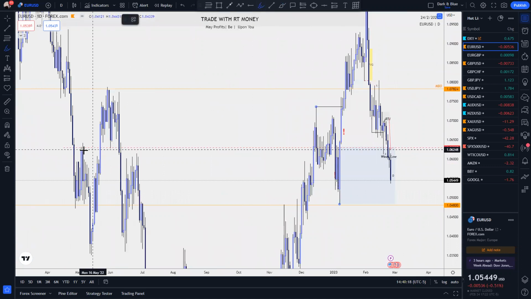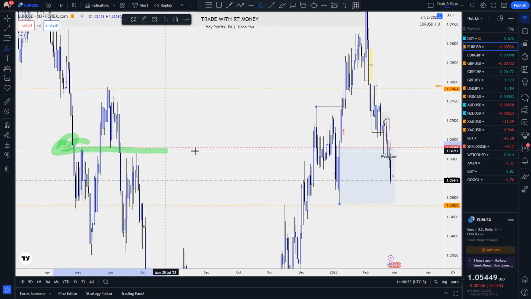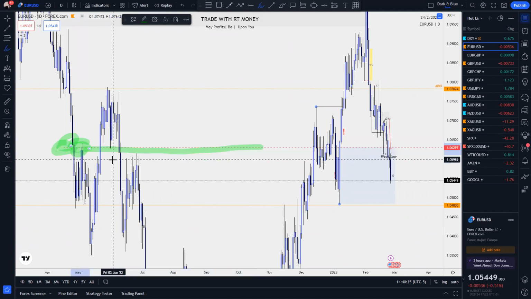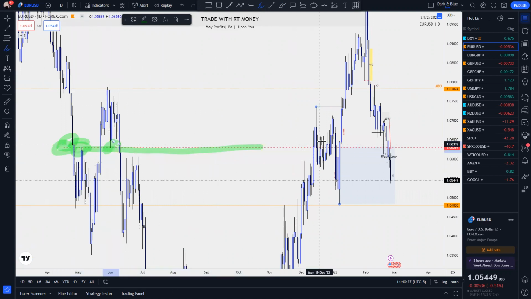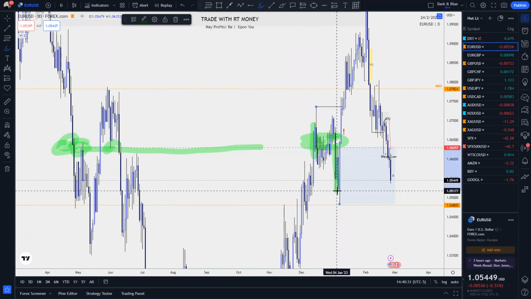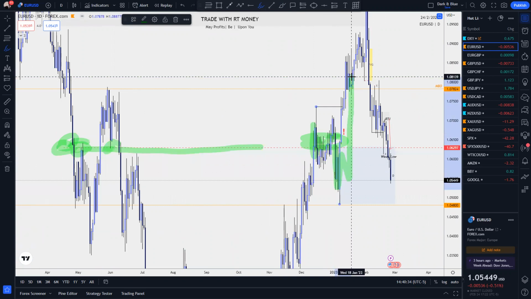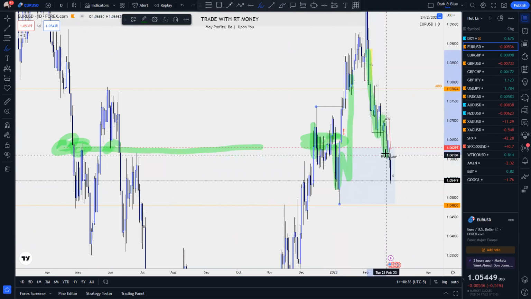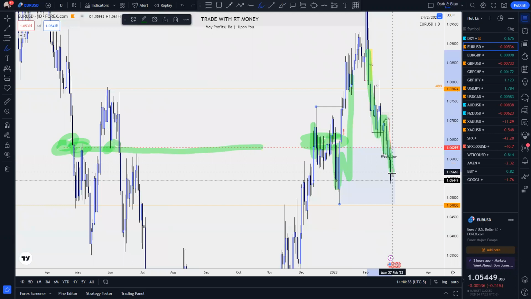Look at this dotted line going all the way across. You can see it's been used as resistance there, support there. You can see all the activity around here. It finally got below it, came back, retested it, and then finally shot up. Here we are again, we were tested, coming back through. Price has penetrated once again.